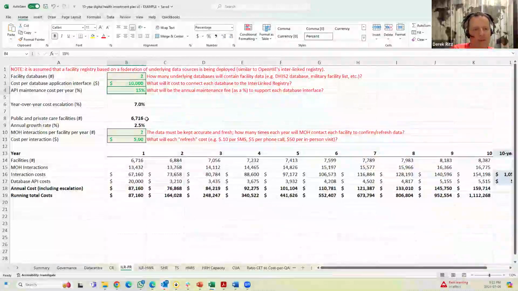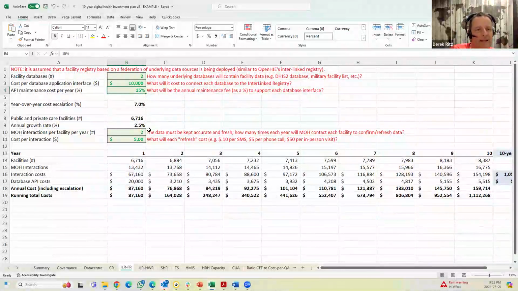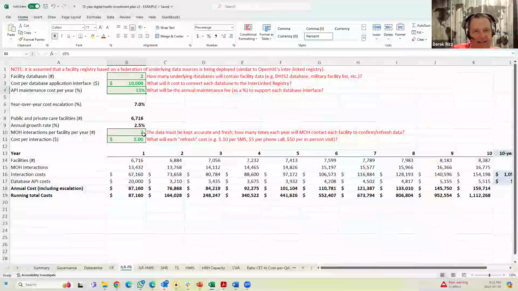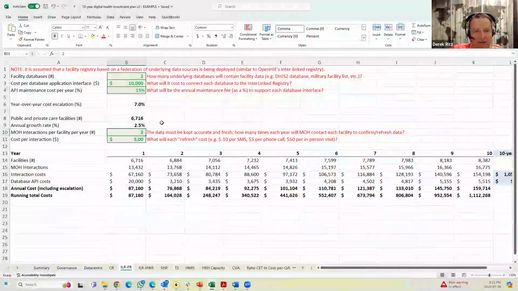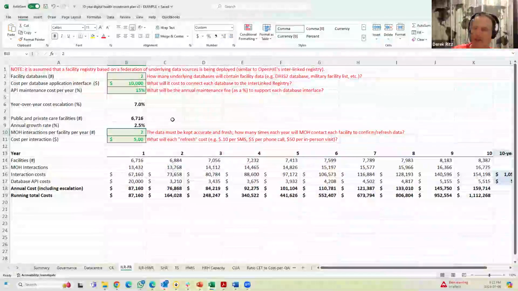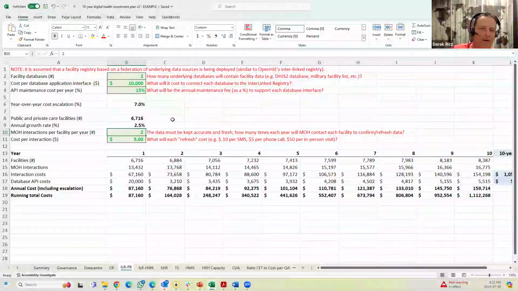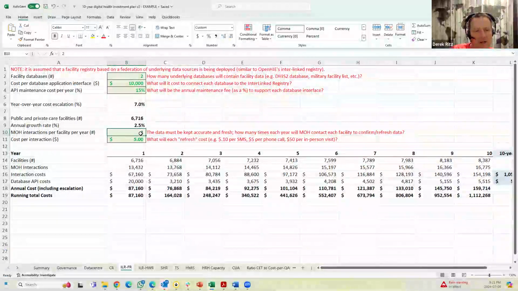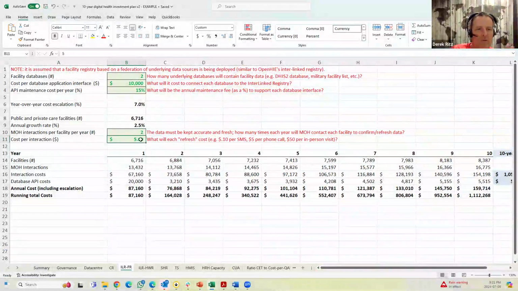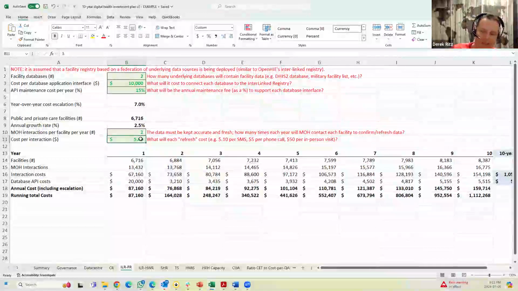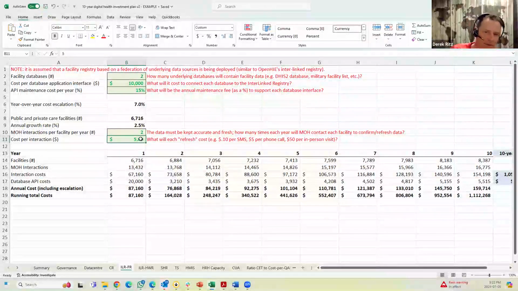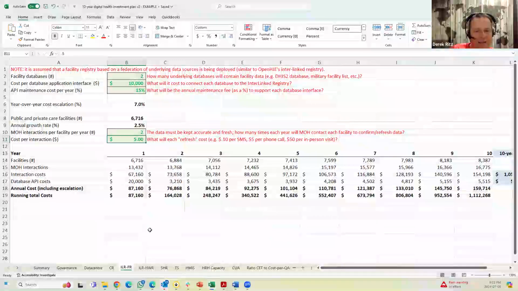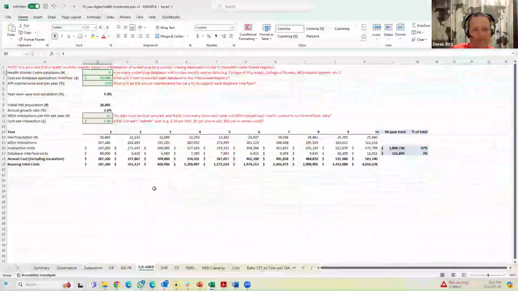And then how many facilities do you have? And how many interactions will the ministry have with each facility to make sure that the phone number is kept up to date and the contact person's name is up to date? How many interactions per year will the ministry have, and what will be the cost of that? Will it be by SMS message, a phone call, an in-person visit, whatever? Again, that drives costs.